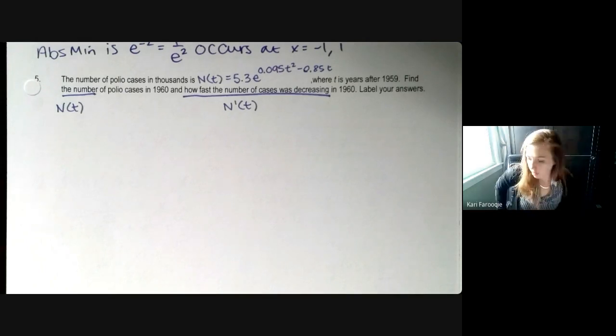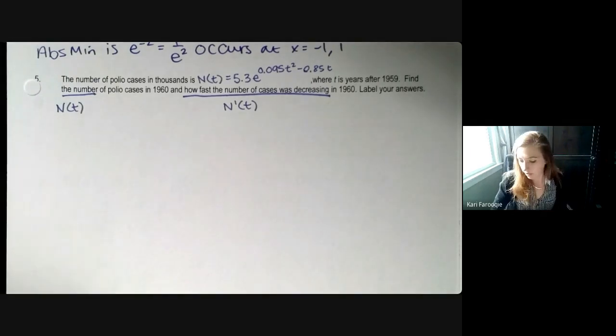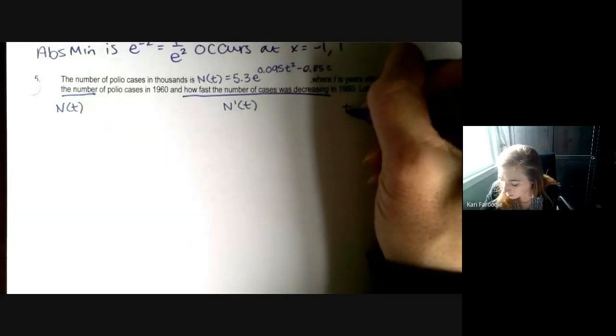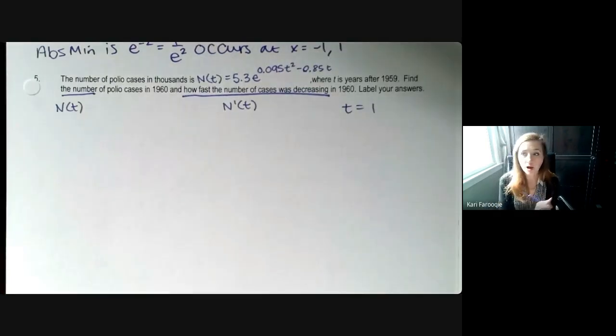So we also need to be able to evaluate the function at a specific value of t, so it's important to be able to determine that value. This function is discussing t years after 1959, and we're being asked about 1960. So t equals 1. 1960 is 1 year after 1959.